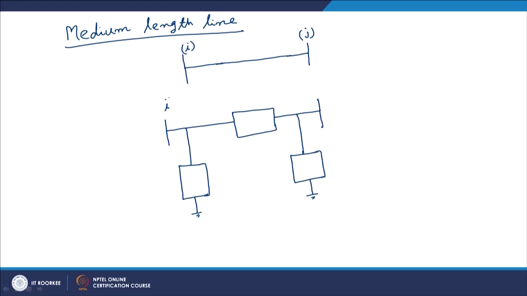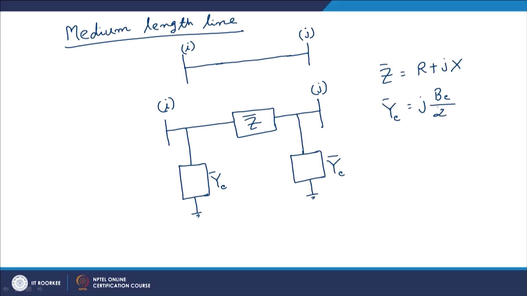So, this is bus I, this is bus J, this is z, and this z is nothing but R, that is the total resistance, plus jX, X is the reactance of the line, and these yc are nothing but j Bc by 2, where Bc is the total shunt charging admittance of the line.